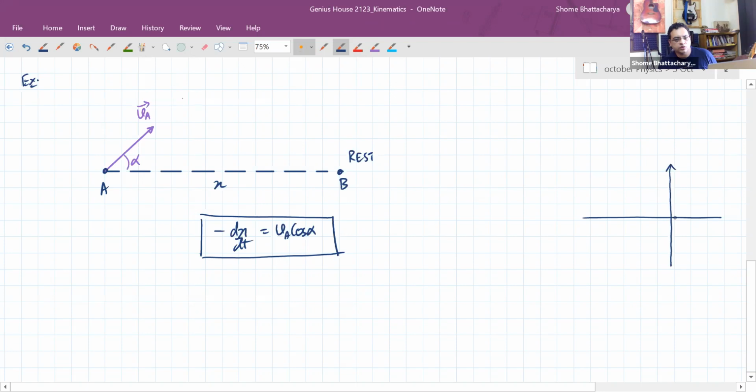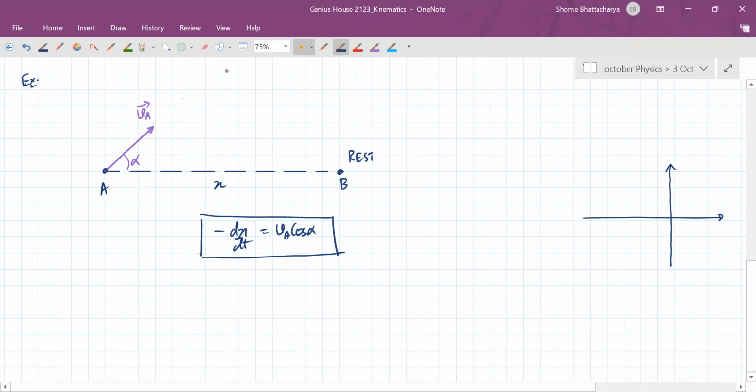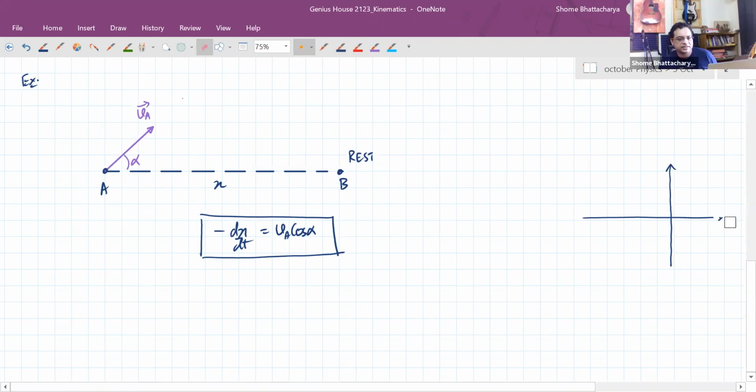Exactly. Suppose we draw a coordinate system like this, or even better, we take this as our x-axis. B is located at the origin and it's fixed, whereas A is in general going to move like this.